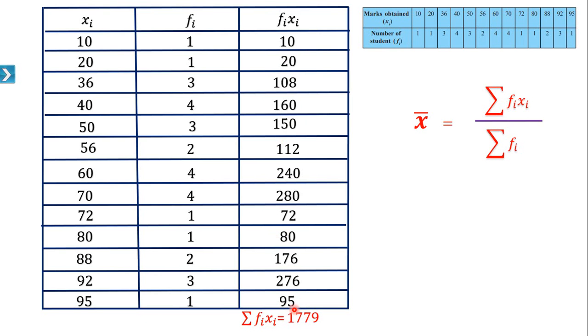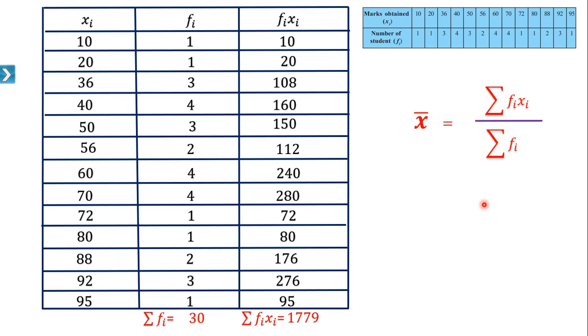And we need sigma f i, that is the sum of f i. We have to add all the f i's. The sum of all f i's is sigma f i, that is 30 here.